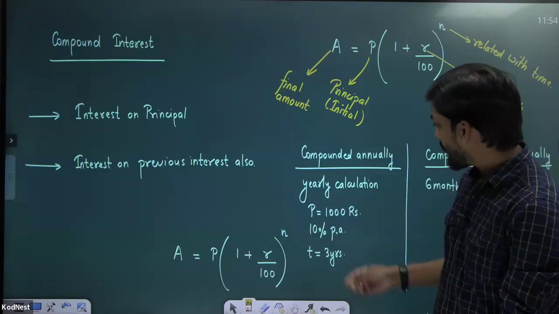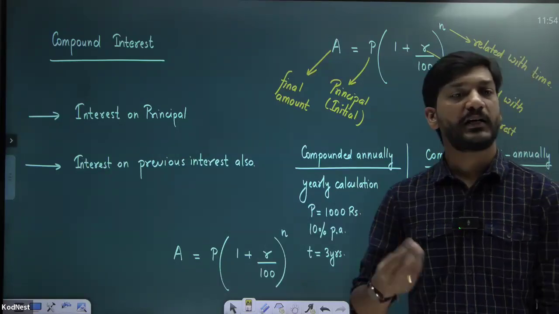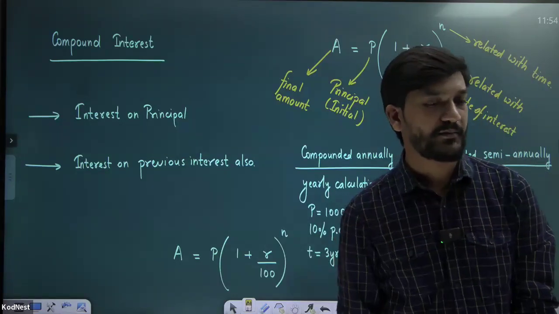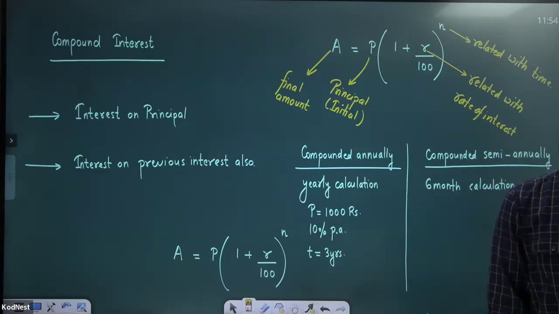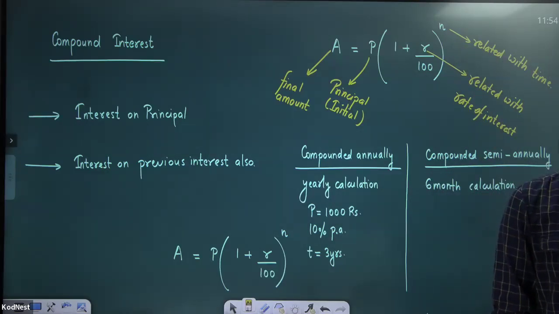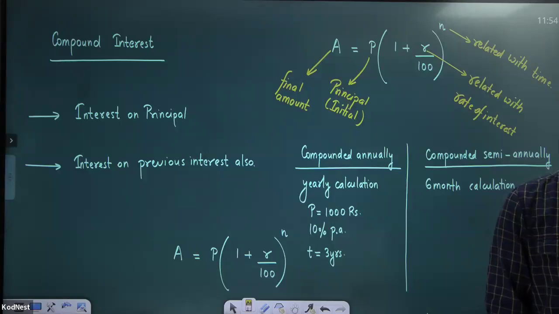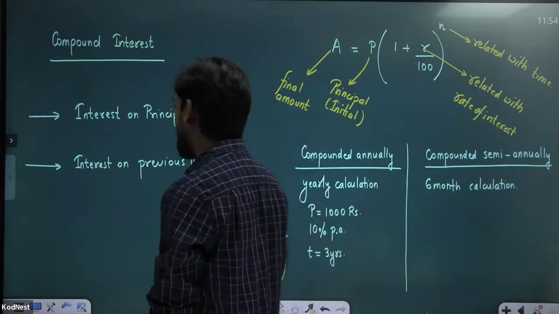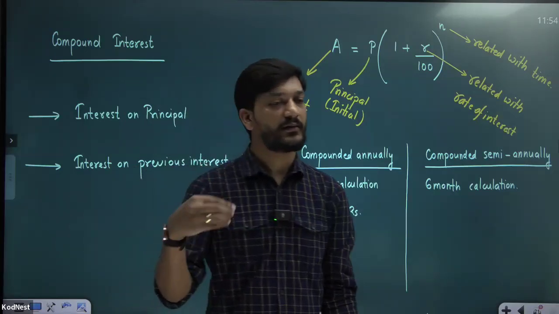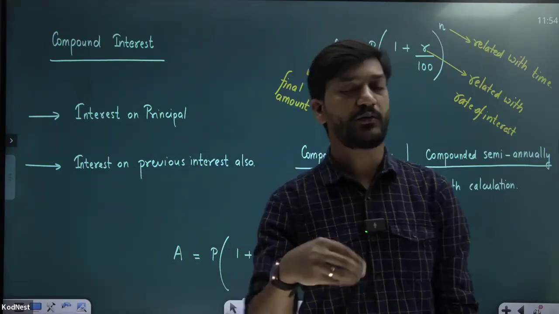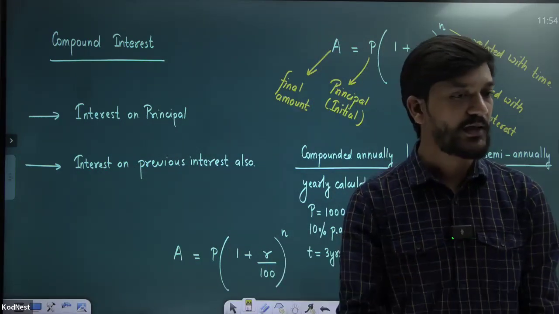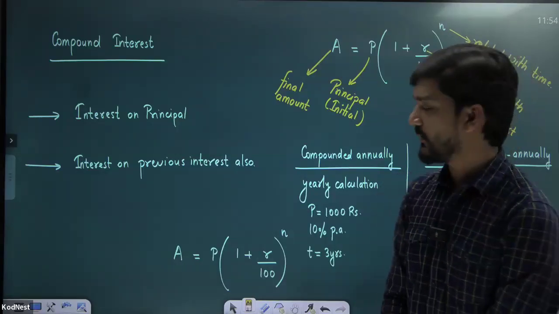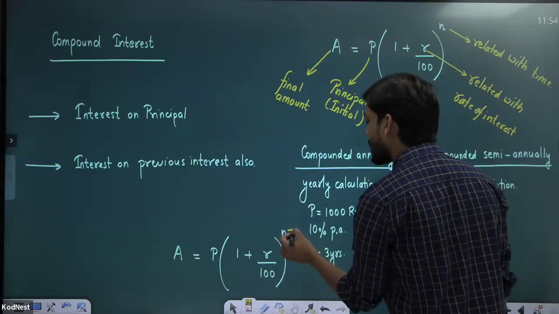So if you have to calculate every year, how many times you will have to calculate? Yearly calculation has been done. First year complete, do the calculation. Second year complete, do the calculation. Third year complete, do the calculation. How many times? 3 times. So n value is 3.